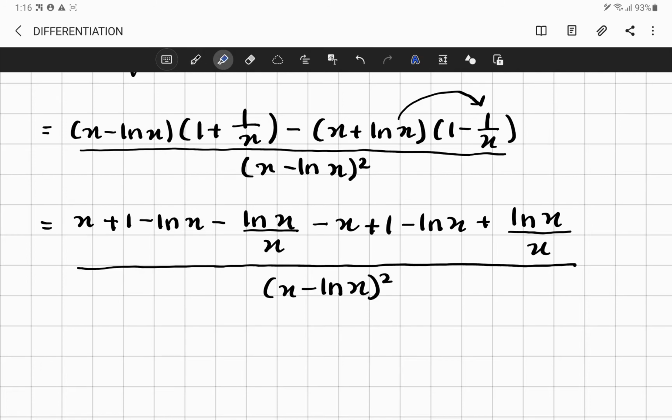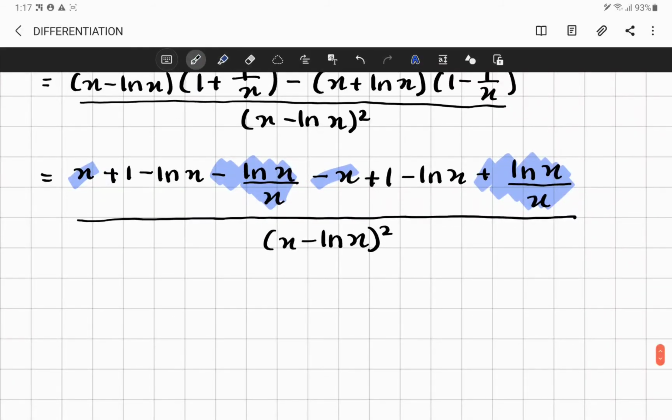Let us simplify. x minus x is 0. Negative ln x over x plus ln x over x is 0. And we're going to get 1 plus 1 is 2.